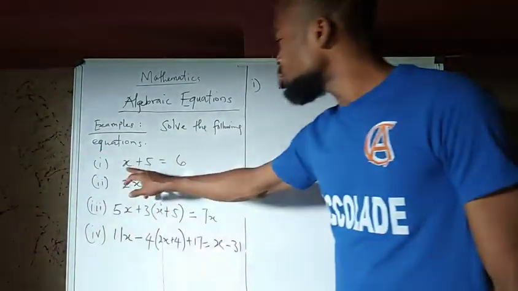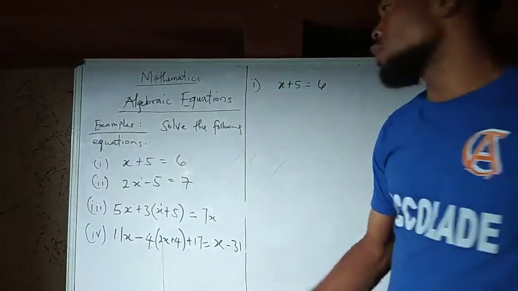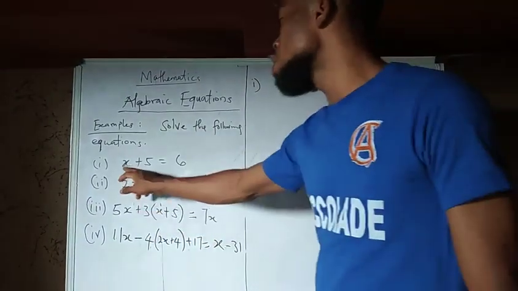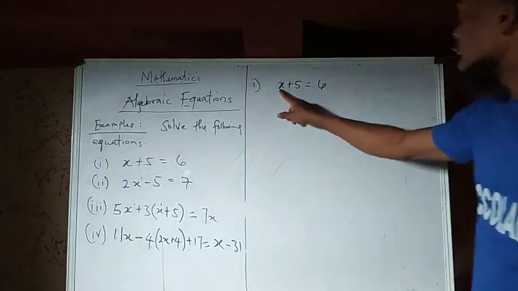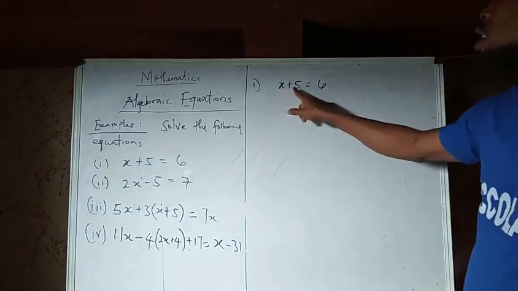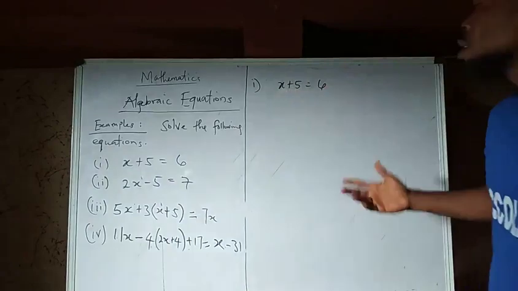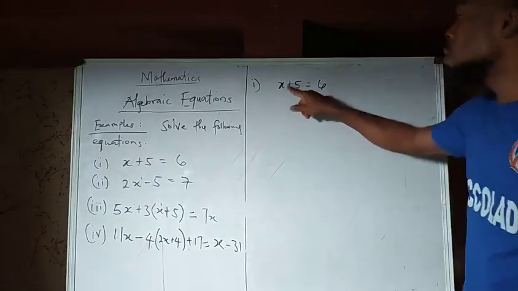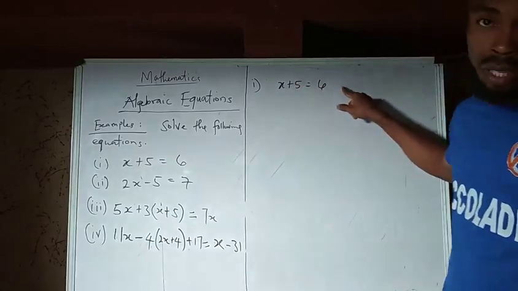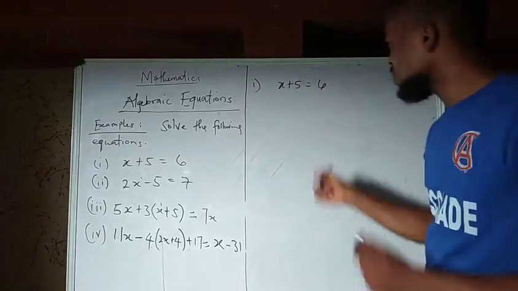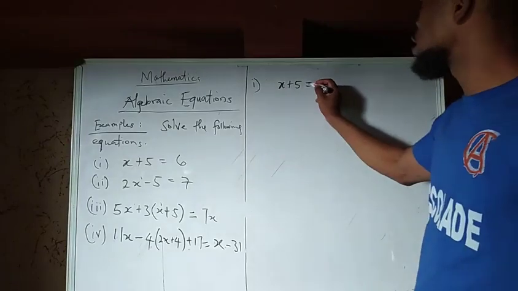So when they say solve the following equation, you are simply being asked to find the value of the unknown. So how do we find x from here, where we have x plus 5 equals 6? Simply, what this equation means is: what number x is standing for, that can be added to 5 to give us 6? So now how do we solve this?